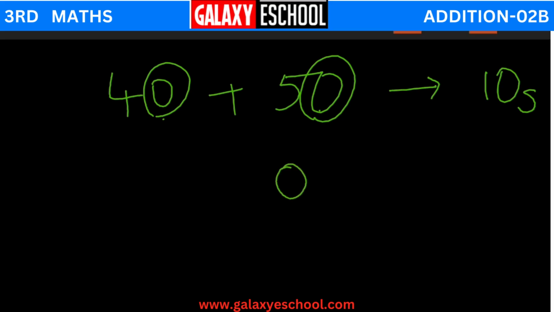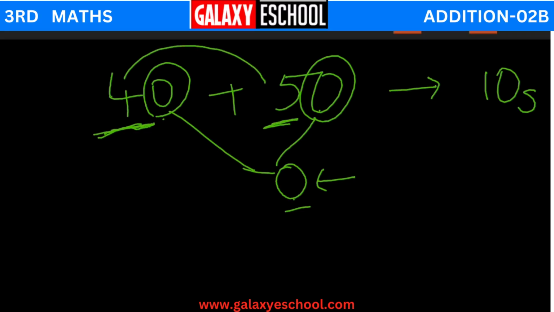So we wrote 0 in the sum as well. Now what is remaining? 4 and 5. When we add both of these together, 4 plus 5 becomes 9.